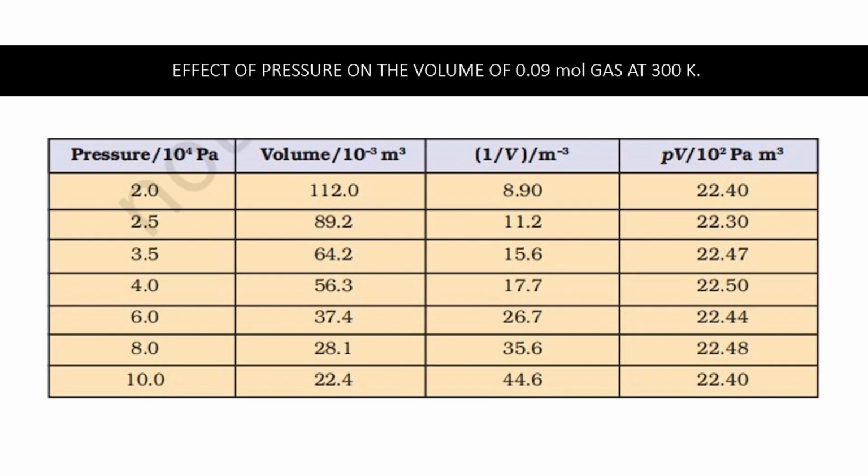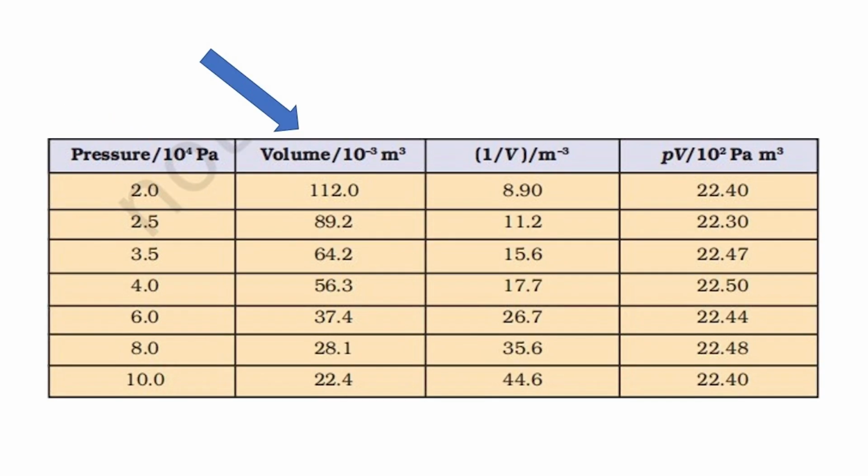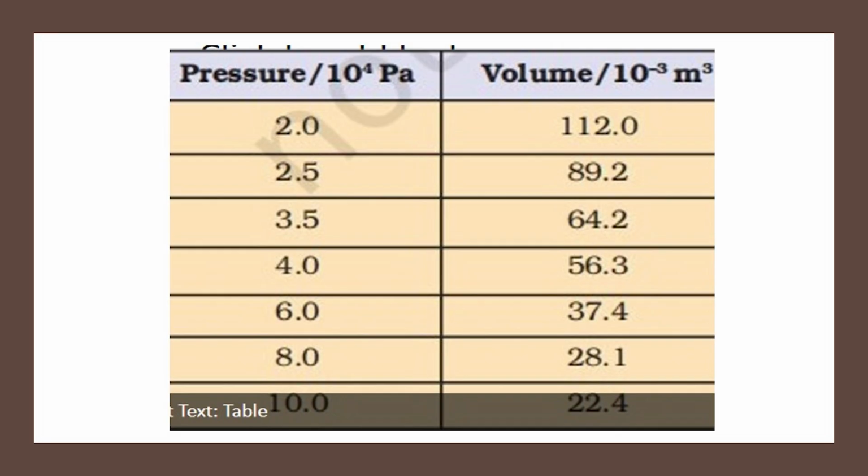Now you can see a table showing the effect of pressure on the volume of 0.09 moles of carbon dioxide gas at 300 Kelvin. First observe column number 1 and column number 2, that is pressure and volume. What happens to the volume when the pressure varies?